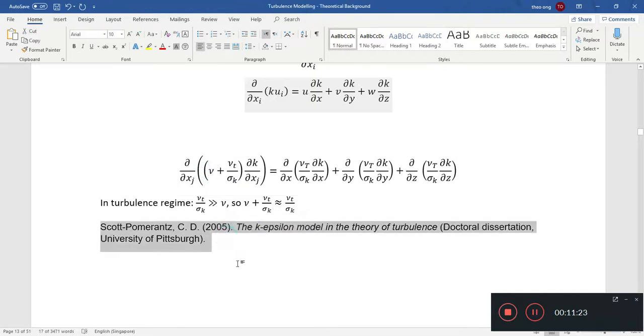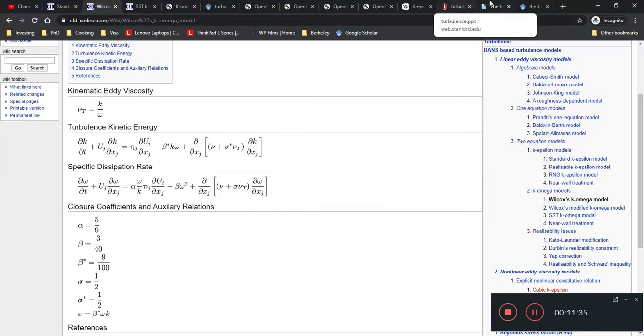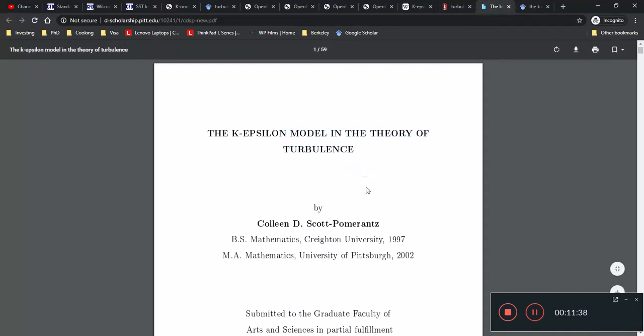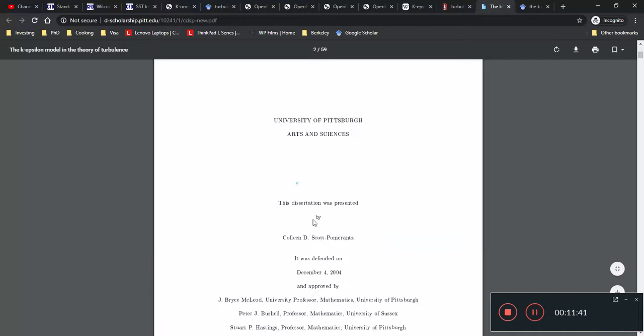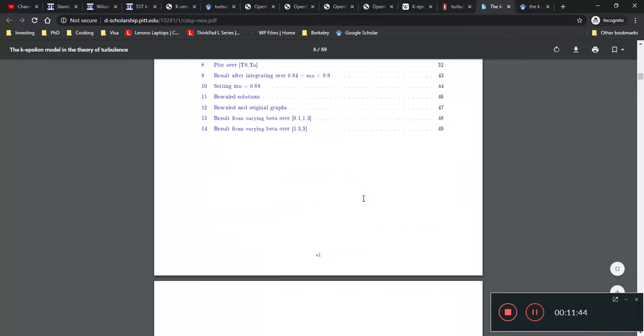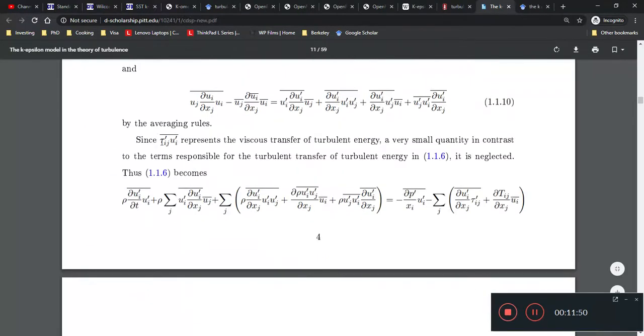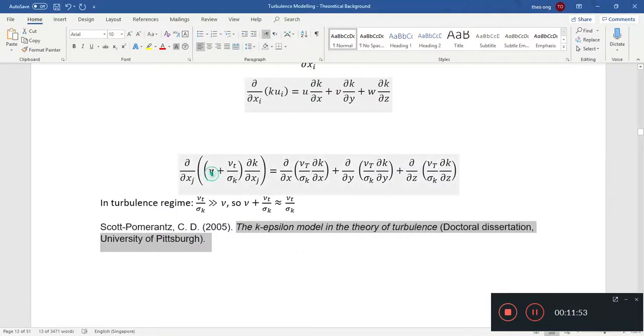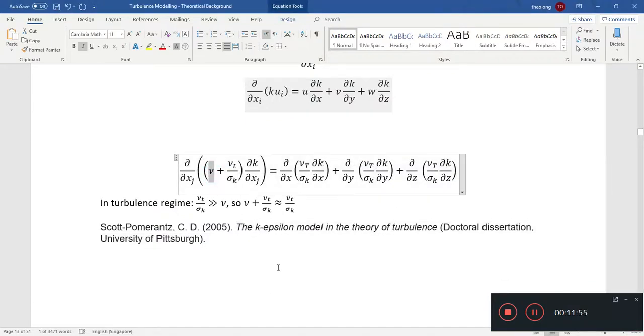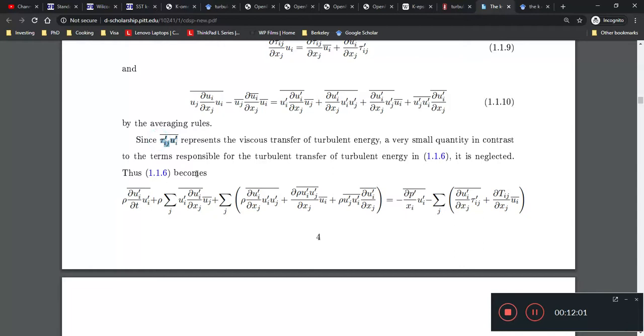I cite this Dr. Scott. I think he did this for his PhD dissertation. Okay, so I'll run you through that very quickly. So this is it, and what he wrote there is this. So this viscous term you see here, the one I'm highlighting, that's corresponding to this kinematic viscosity, it is actually represented by this term over here, tau ij ui.